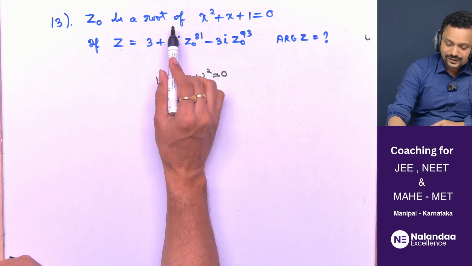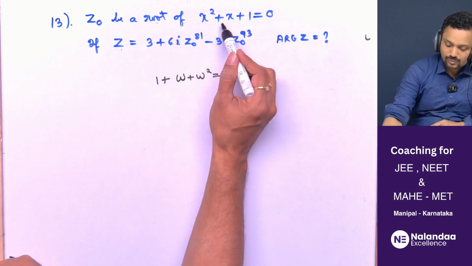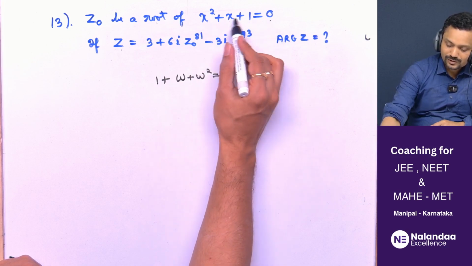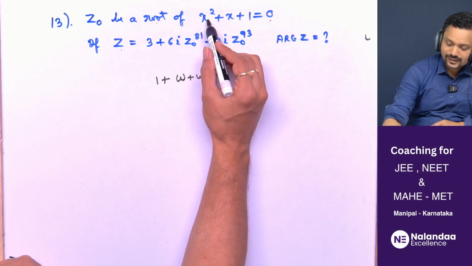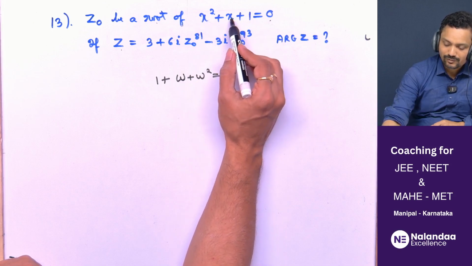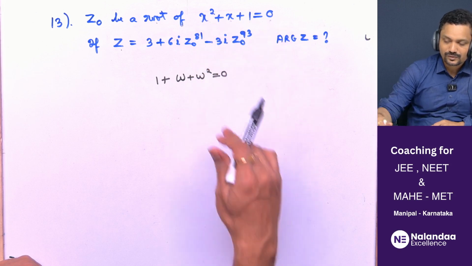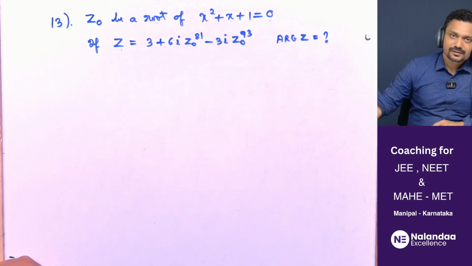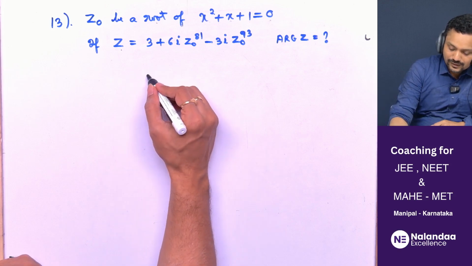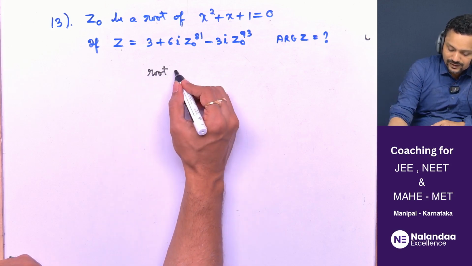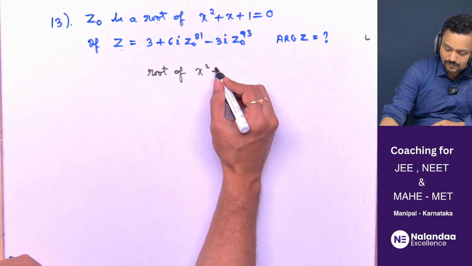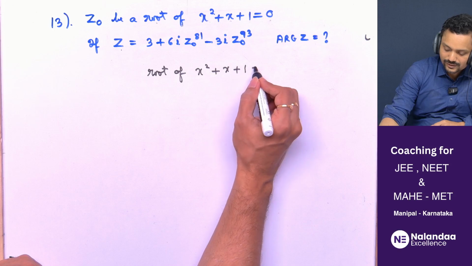And if they talk about a root of x square plus x plus 1 equal to 0, you can take the root as omega, because x equal to omega satisfies this: if you put x as omega, 1 plus omega plus omega square equal to 0.